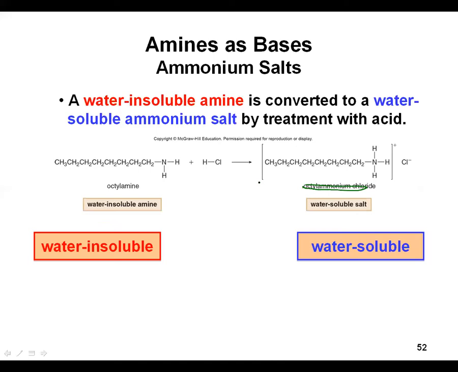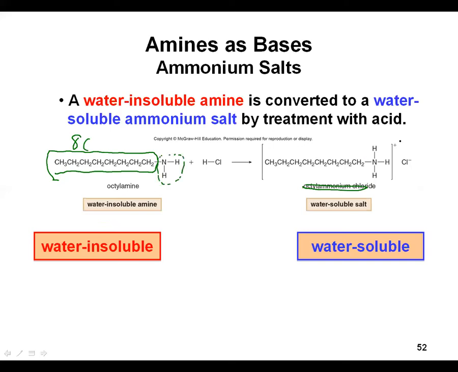But what does happen in this process is it goes from being water insoluble, and it's really insoluble because you have a pretty big chain of carbons there. That big chain of carbons really does get in the way of the normal way this guy can interact with water.